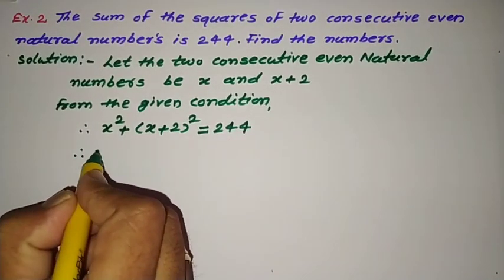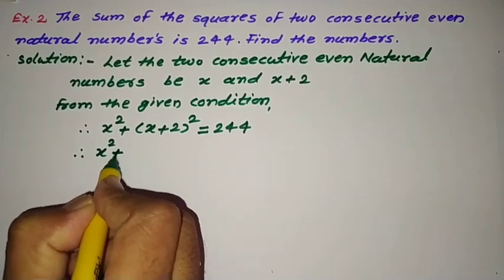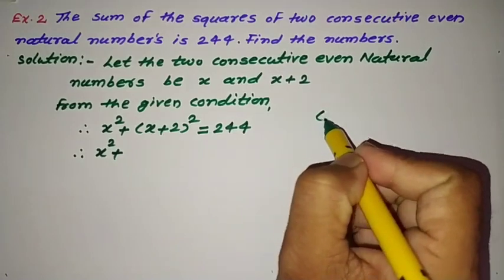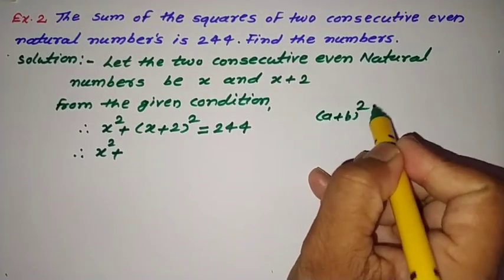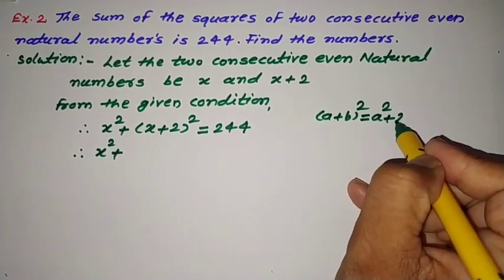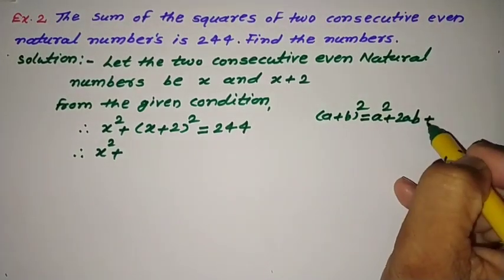Expand x plus 2 bracket square using the a plus b bracket square expansion formula, a square plus 2ab plus b square.